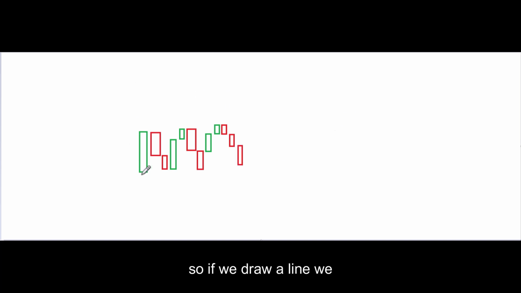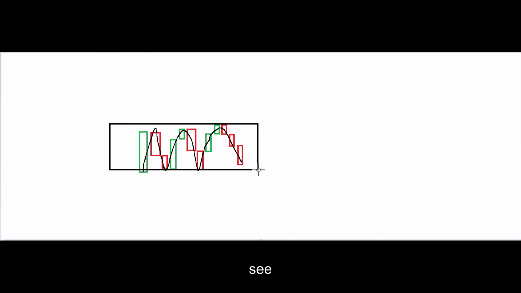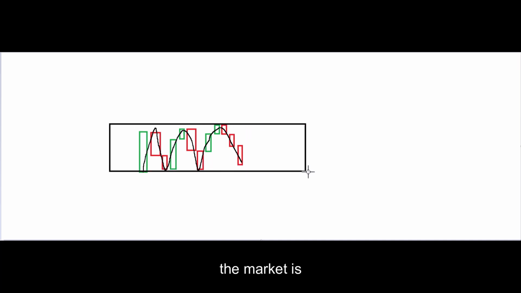If we draw a line, we'll see the market is just going up and down. If we draw a rectangle, we'll see the market is going within this rectangle.